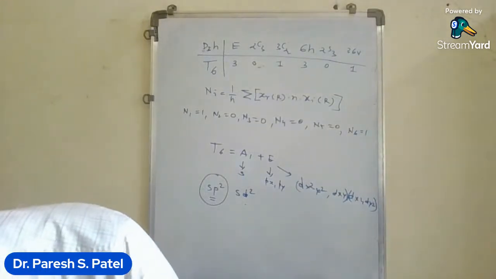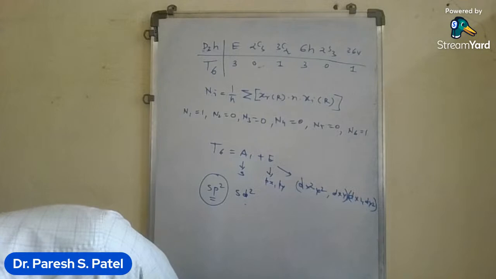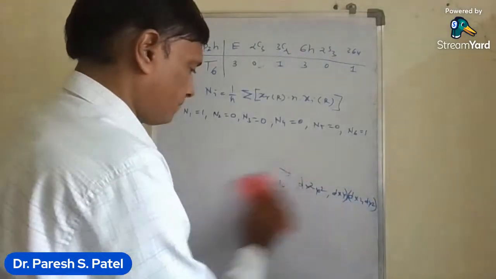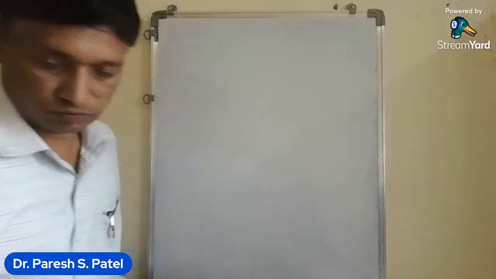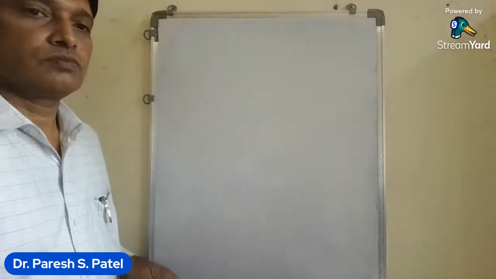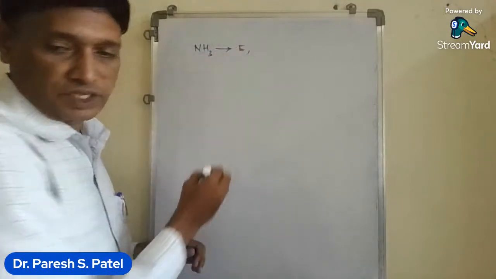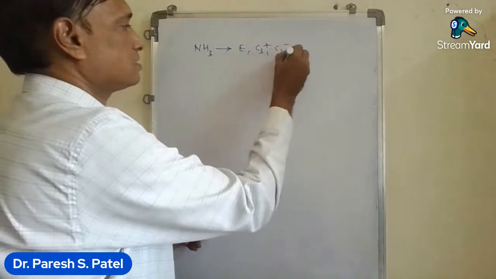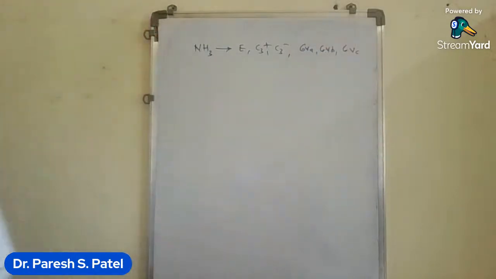So the second molecule is the ammonia molecule. Ammonia molecule consists of C3 plus, C3 minus, sigma Va, sigma Vb, and sigma Vc symmetry elements.